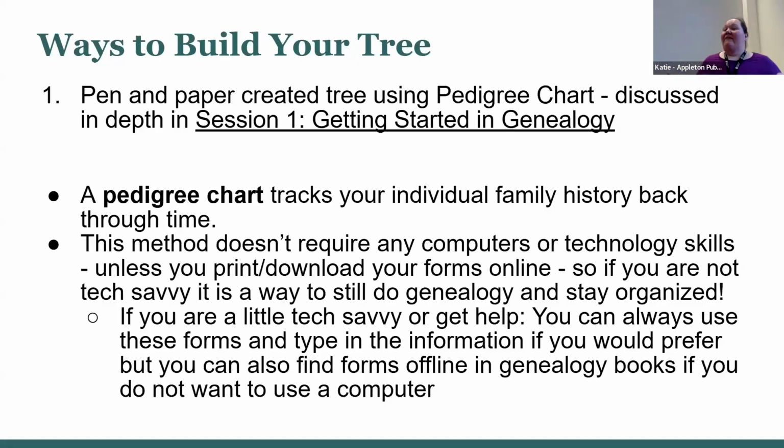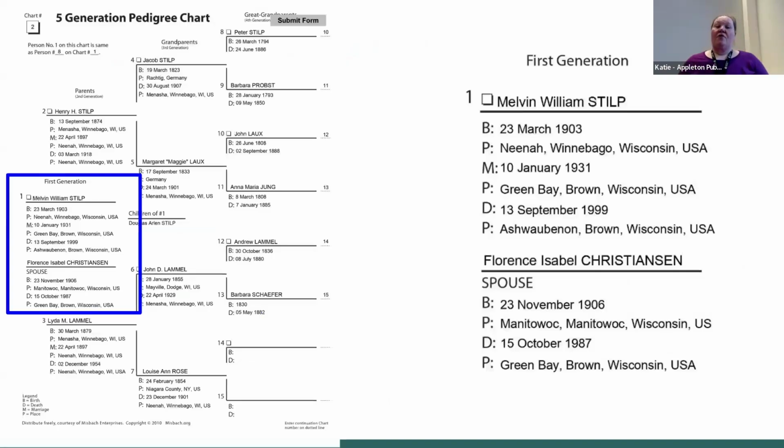If you are a little tech savvy or get some help from somebody who is tech savvy, you can always use these forms that you find online and then type them. So if you're somebody like me who has bad handwriting, you can type in the information on that form. Even if you aren't somebody who wants to put your tree online, you can still have those forms typed online and have them printed that way. So for example, this is a look at the pedigree chart where I typed, because again, I have bad handwriting.